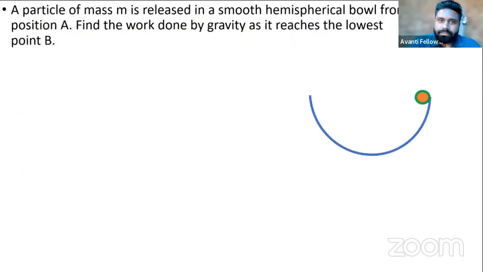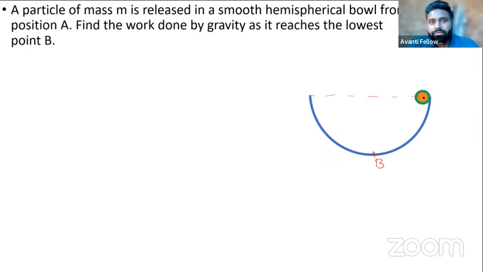A particle of mass m is released on a smooth hemispherical ball from position A. Find the work done by gravity as it reaches the lowest point B. This is the lowest point B, and this is the highest point at which this particle of mass m is standing.